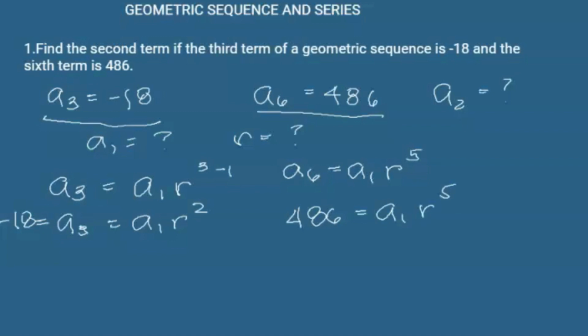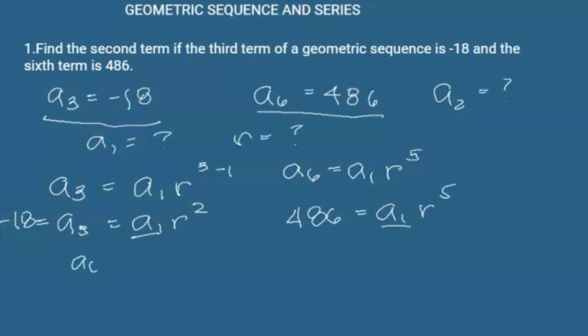As you can see with our equations, we can eliminate a sub 1 if we get the quotient of a sub 6 and a sub 3.